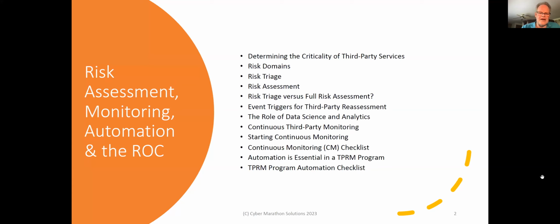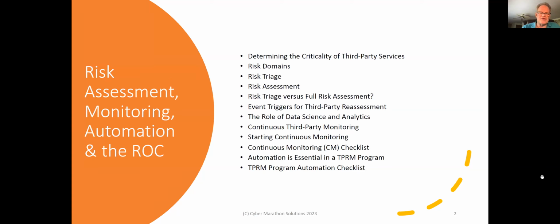What might happen after you've initially assessed and onboarded a third party that might necessitate going back and performing a reassessment. The role of data science and analytics and how that can help you better understand, track, and manage risk across your full third-party risk management program.